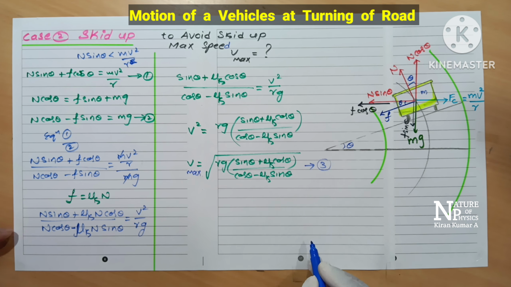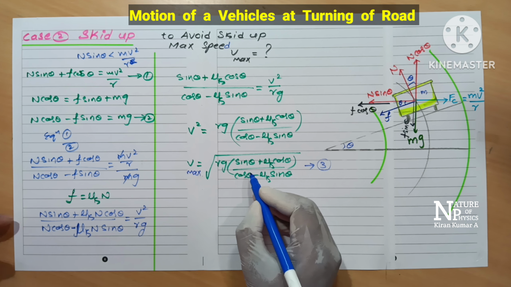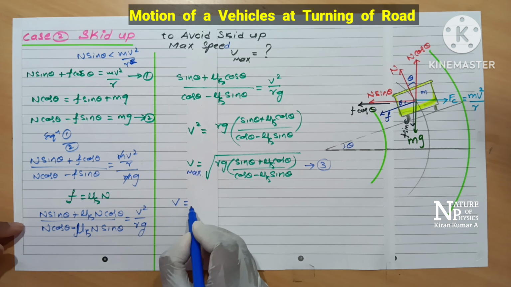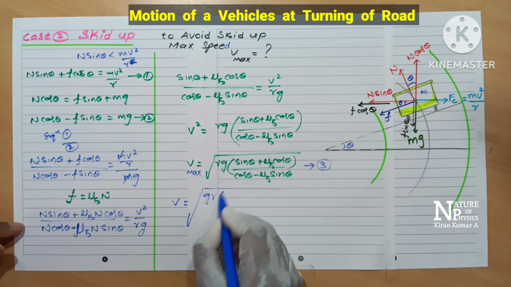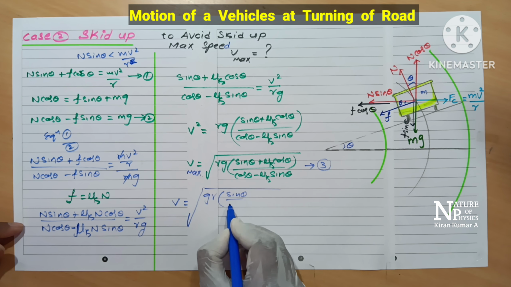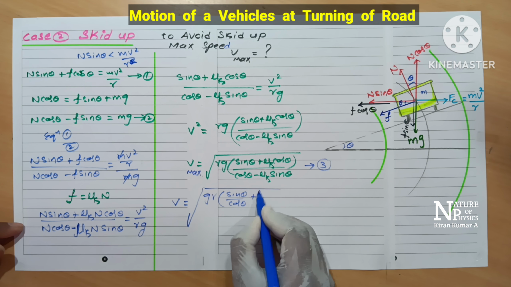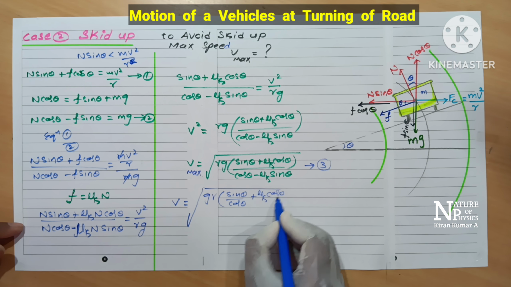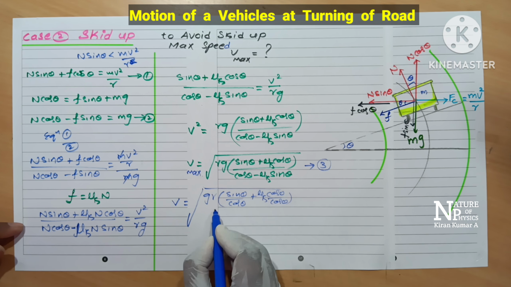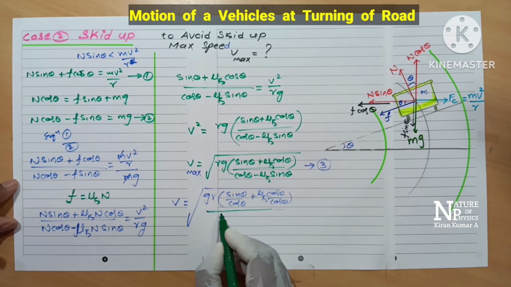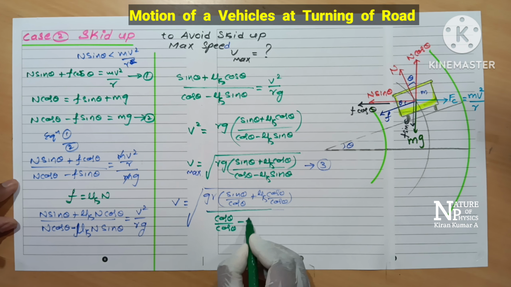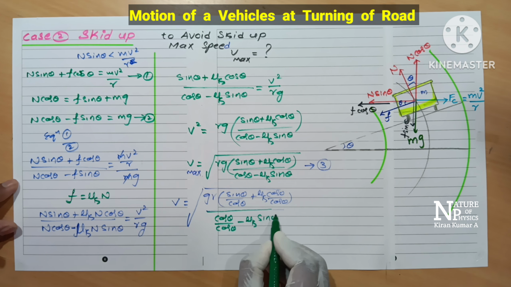And also sin theta by cos theta is tan theta, so dividing by cos theta, v is equal to root over gr (sin theta by cos theta plus mu k cos theta by cos theta) divided by the denominator (cos theta by cos theta minus mu k sin theta by cos theta).